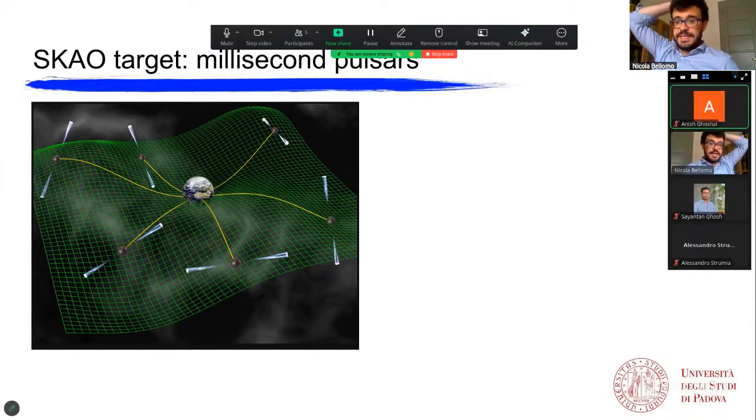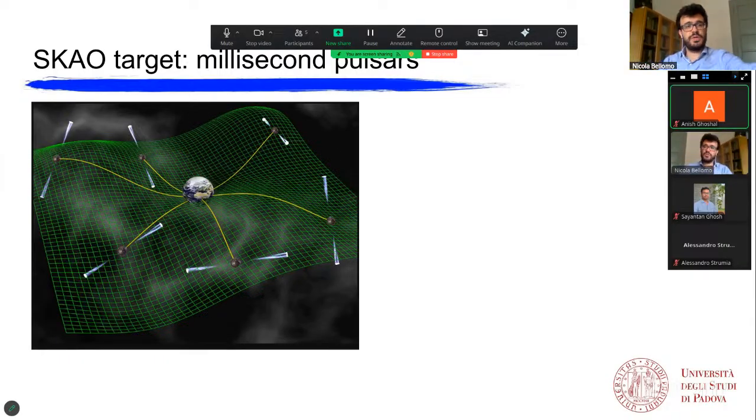These provide an ideal candidate to detect gravitational waves in the nanohertz band because they are characterized by a very stable period, so we are able to monitor their period with very precise accuracy. So far we are following up around 67, 70 pulsars with the International Pulsar Timing Array collaboration, but SKAO is going to bring many more into the game.